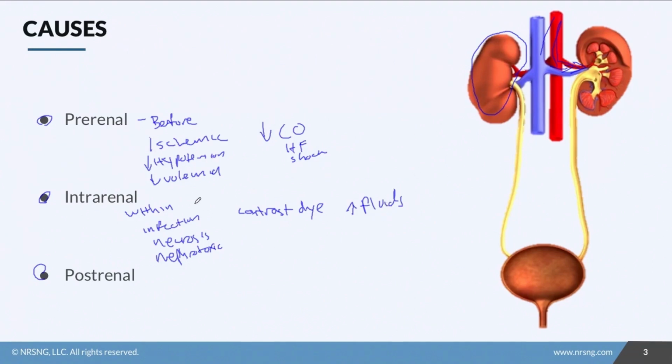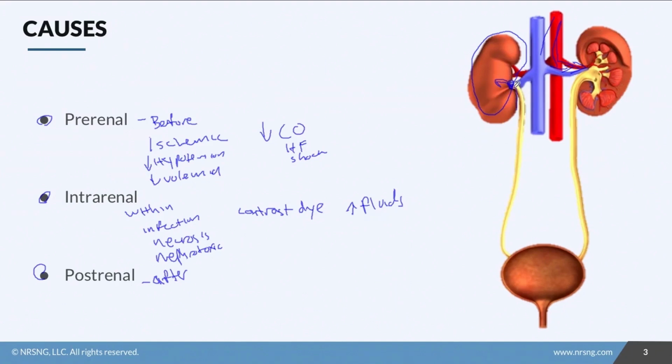All right. Now, finally, we have postrenal kidney injury. As you can guess, this is caused by something happening after the kidneys. What usually happens is there's some sort of infection or obstruction, like a stone that causes backflow into the kidneys. The kidneys fill with fluid because it can't get out.